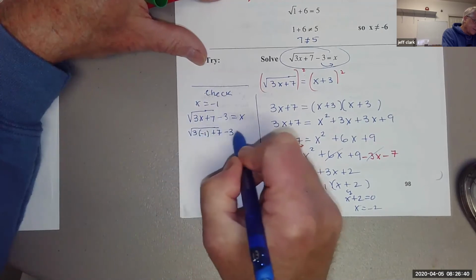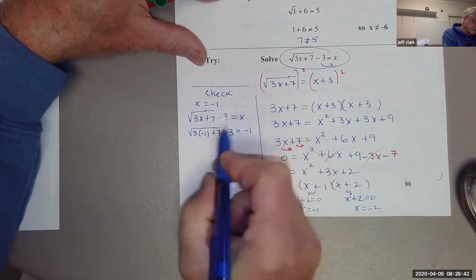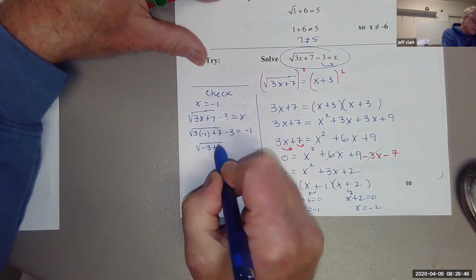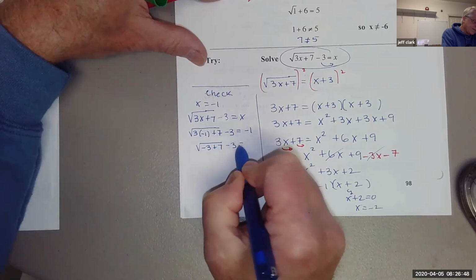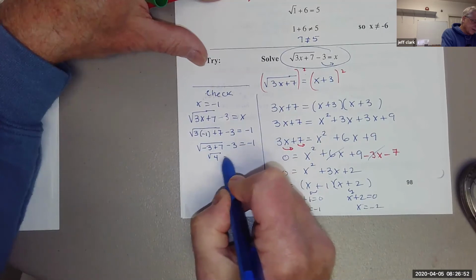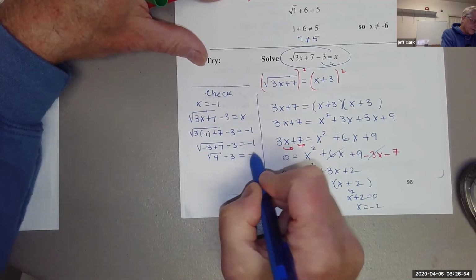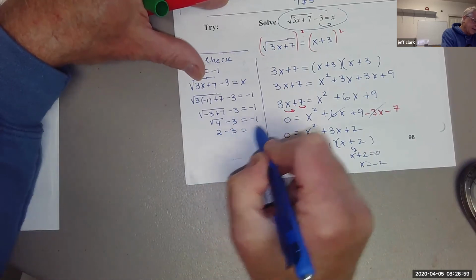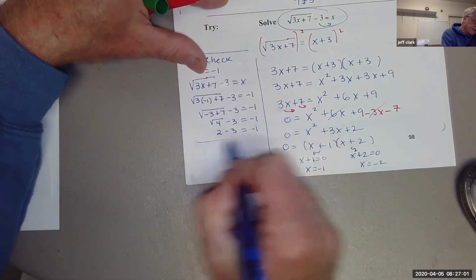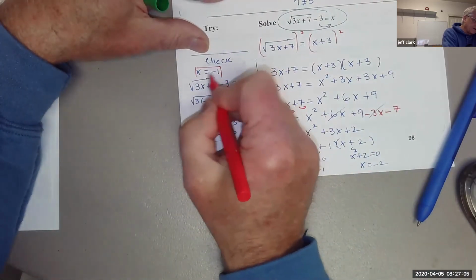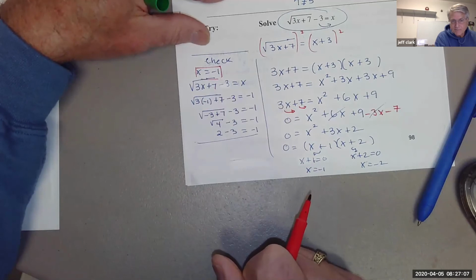Subtract 3. I wonder if that's equal to -1. Square root. That's -3 plus 7. Subtract 3. I wonder if that's -1. Square root of 4. Subtract 3. I wonder if that's equal to -1. 2 subtract 3, yep, is in fact -1. So that means this is a good answer.